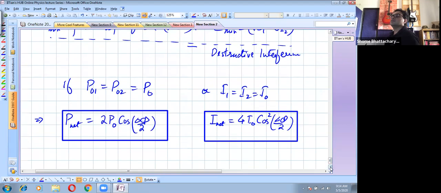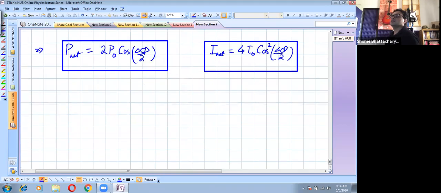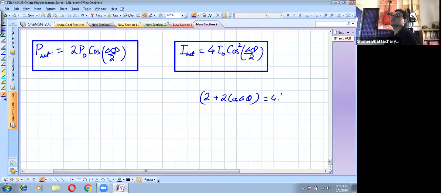This extra formula basically comes from that condition, 2 plus 2 cos delta phi as 4 cos squared delta phi by 2. This is the trigonometrical identity that we use.